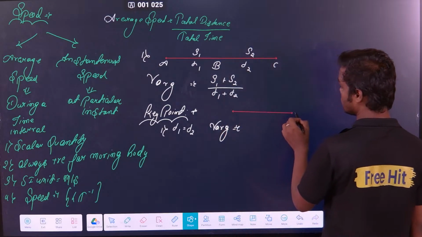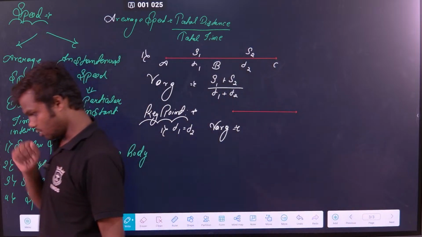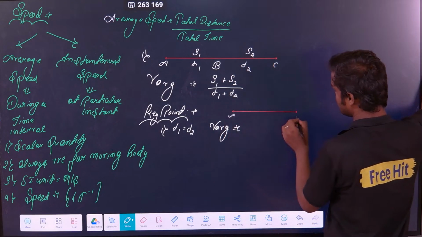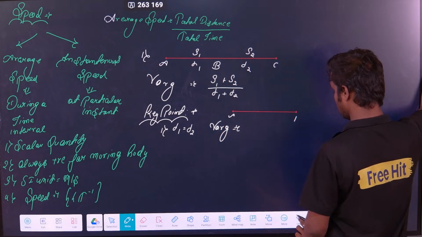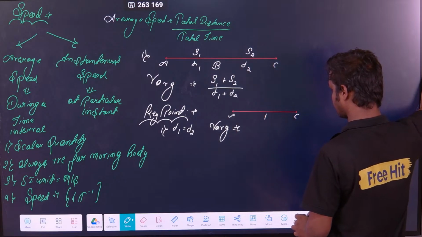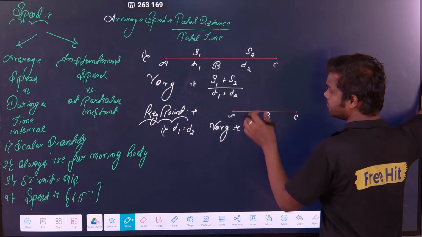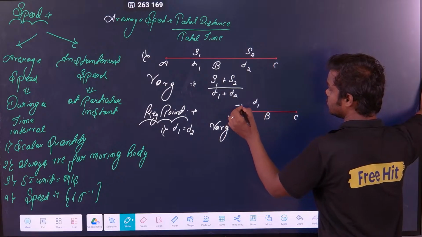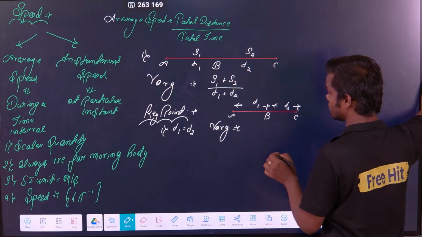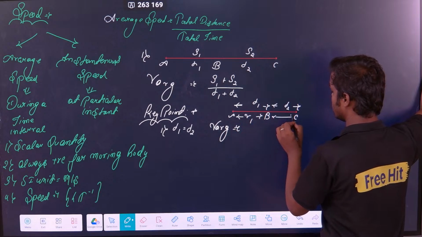Suppose this is a distance, this point is A, this point is B, the times are T1 and T2, and the velocities are V1 and V2.